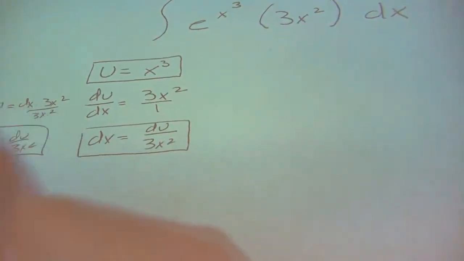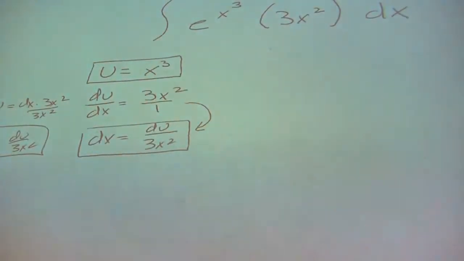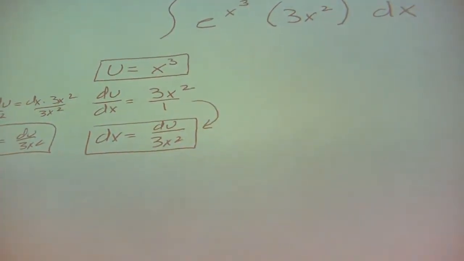Can we save this work because we understand it and go from here straight to here? It's always going to be dx equals du over the derivative because it's the same algebra over and over again. Cross multiply, solve for dx.